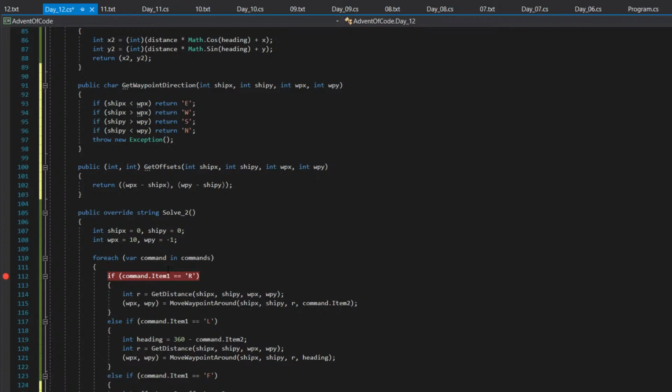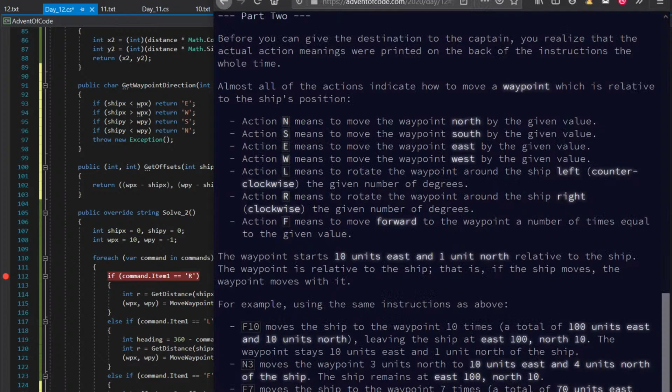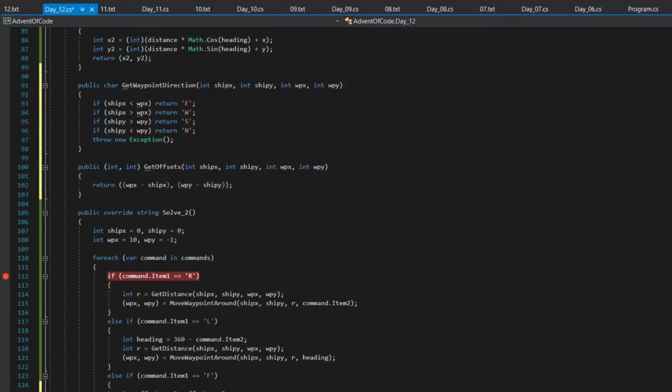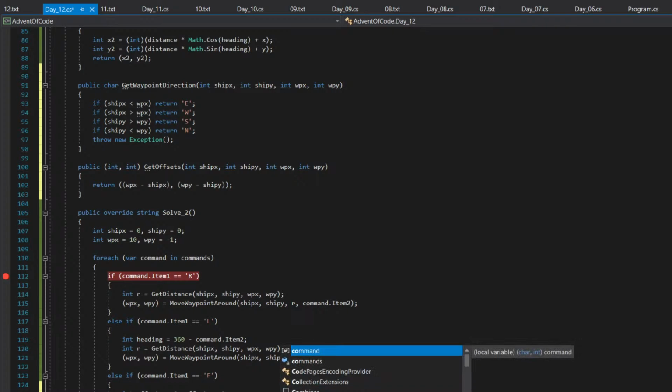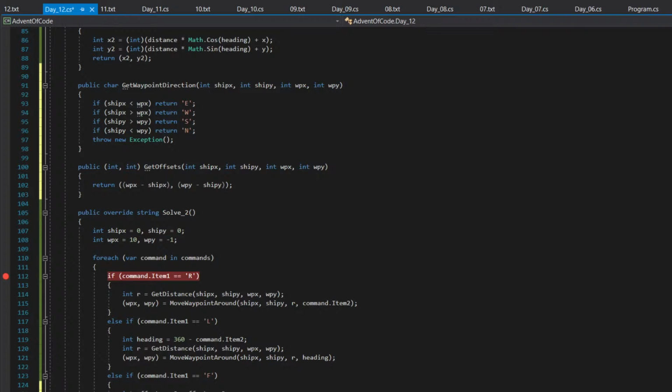All right, so if it's a direction, we need to move the waypoint. So for that, we simply just say waypoint X, waypoint Y equals move waypoint X, waypoint Y. Direction is our command, item 1. And our distance is item 2 of our command.